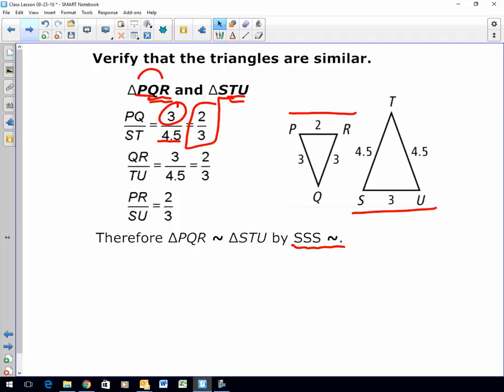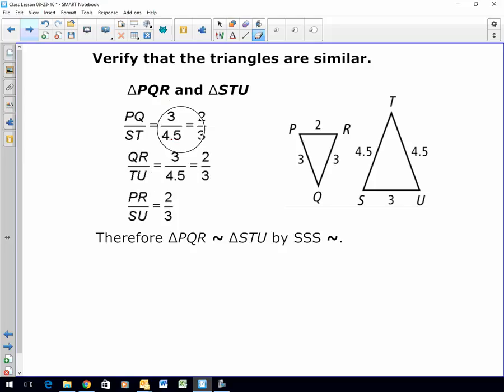This is where we have to make sure we're clear right now. Let me show you. I'm going to create a new problem up here. Let's say that instead of having QR and TU, all of a sudden I do not know what that length is.